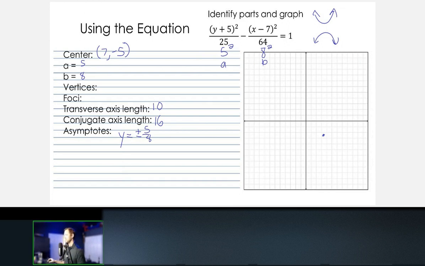If you look at the formula, you should have it written down. No matter what the equation is, it's going to be x minus h. And our h value is 7, which all of you have. And then it's going to be plus your k value.